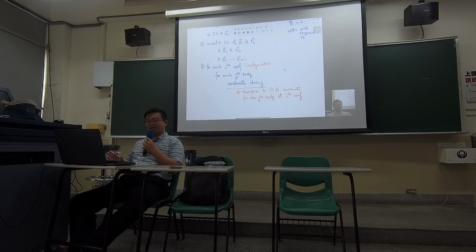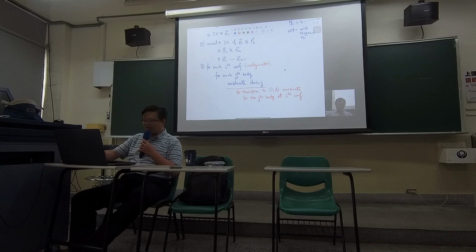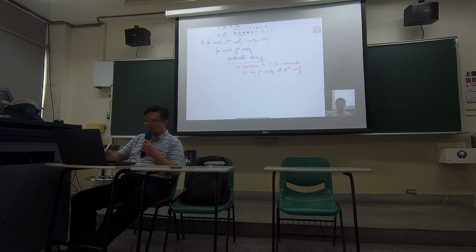As you can tell, it's a lot of them, right? And then in the RL coordinate, you need to figure out what is the RL of your obstacle Q.